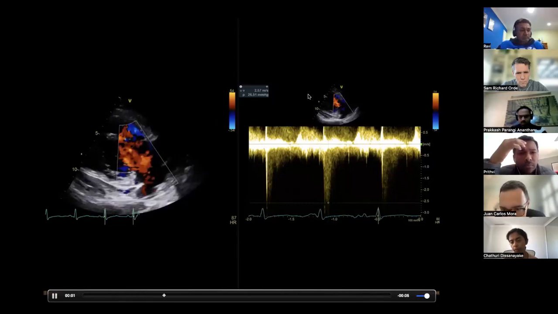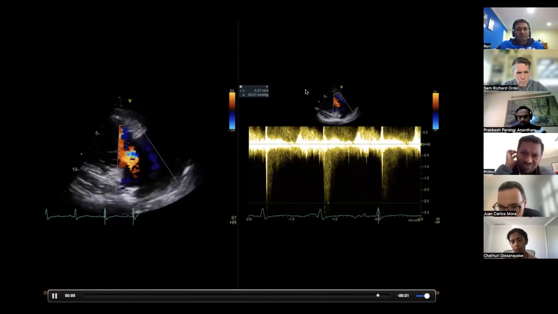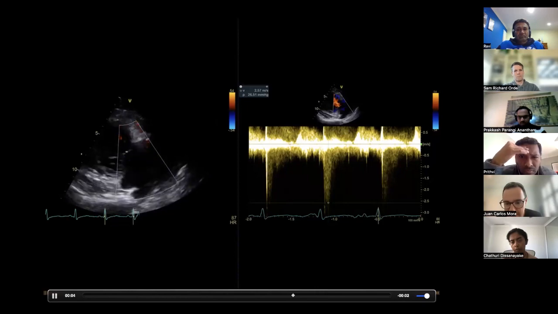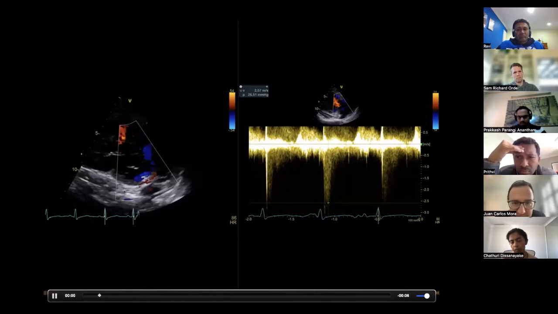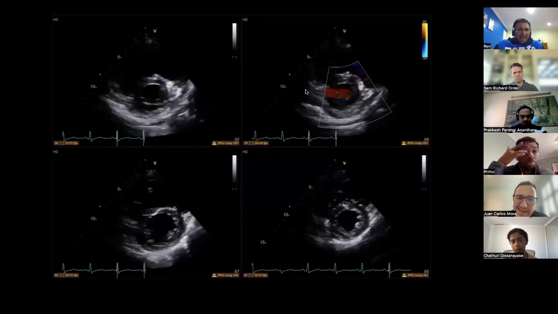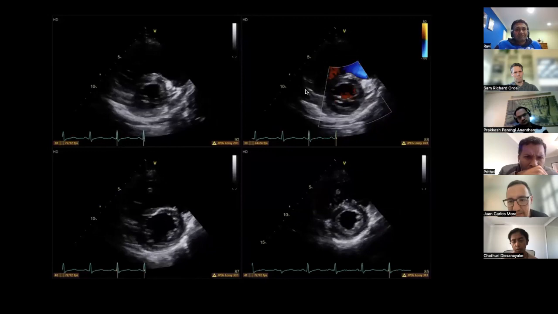I guess I'd have to question the accuracy of the measurements, but the maximum TR velocity is 2.5, with a pressure gradient of 26, which would be normal. So that goes against my theory of pulmonary hypertension.